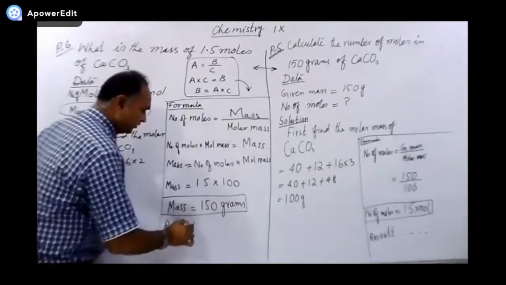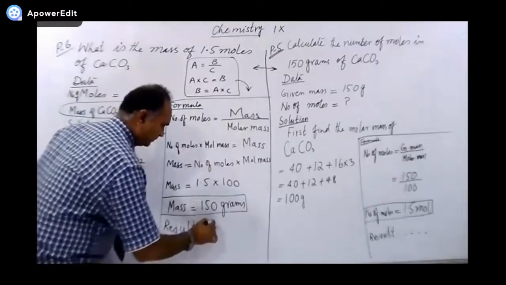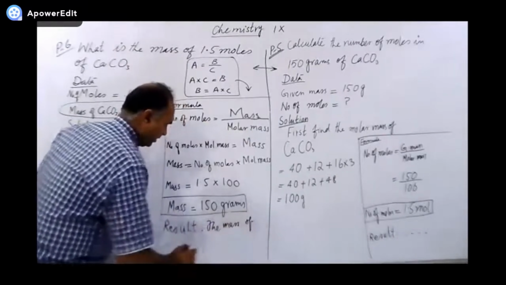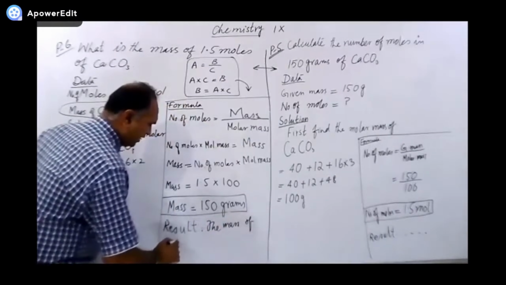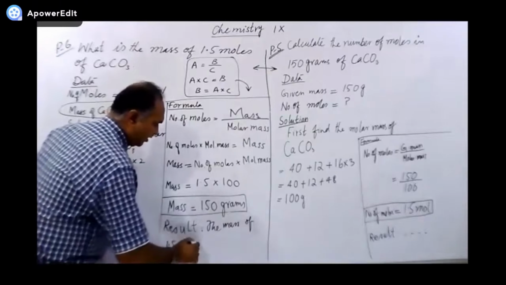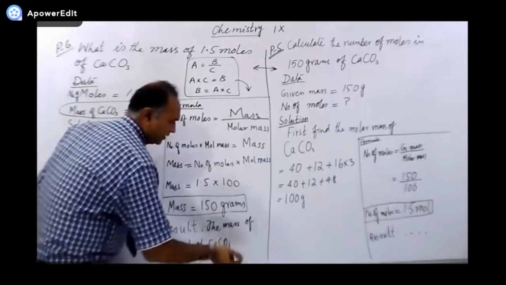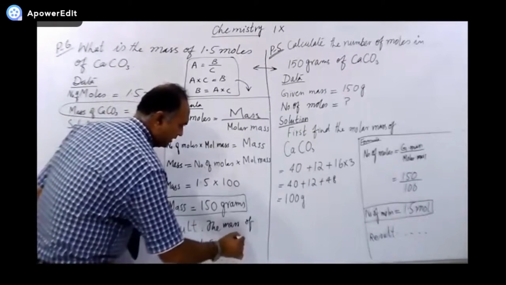Do it by yourself. Result you will write: 1.5 moles of calcium carbonate is 150 grams.